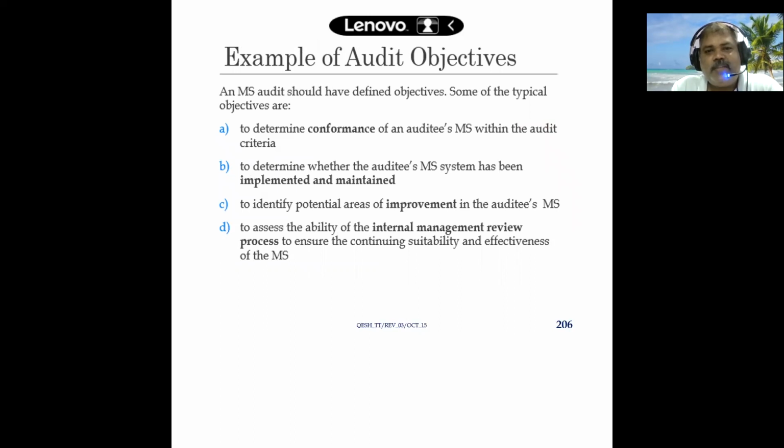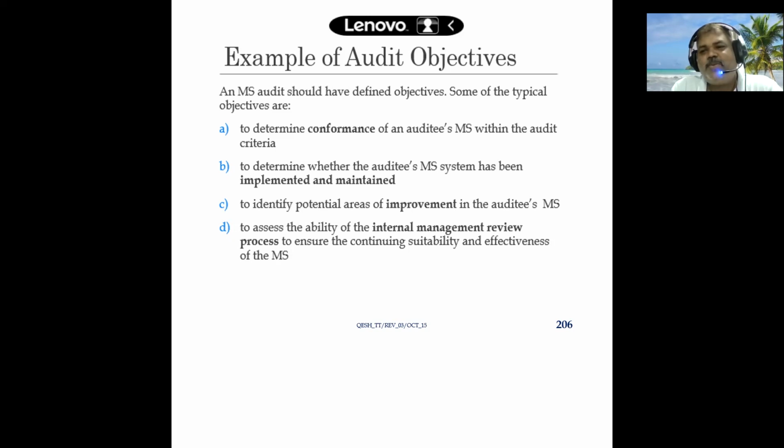So, examples of audit objectives. A management system audit should have a defined objective. Some of the typical objectives are to determine conformance of the auditee management system with the audit criteria, and to determine whether the auditee management system has been implemented and maintained. So how do we know? Of course, we develop all the procedures, right? We give them to, let's say, a company with 50 or 100 people.